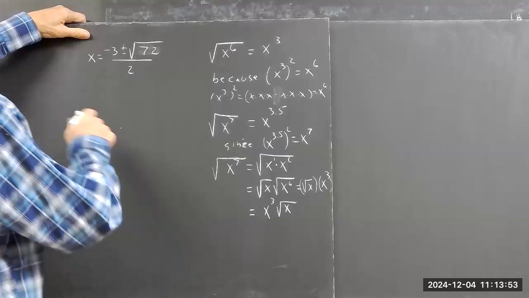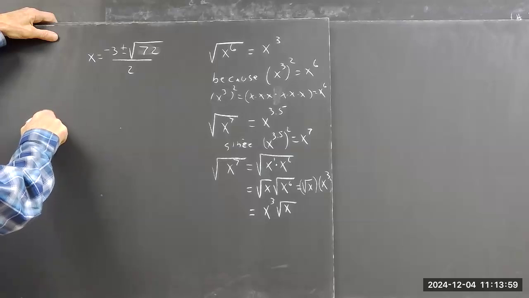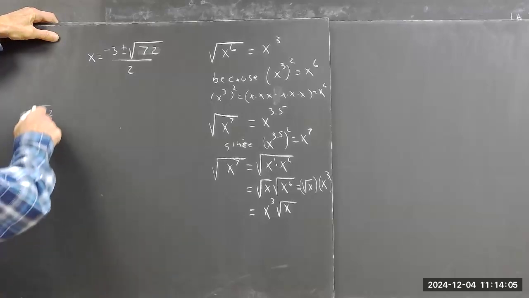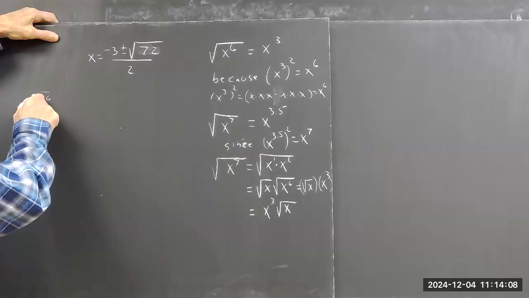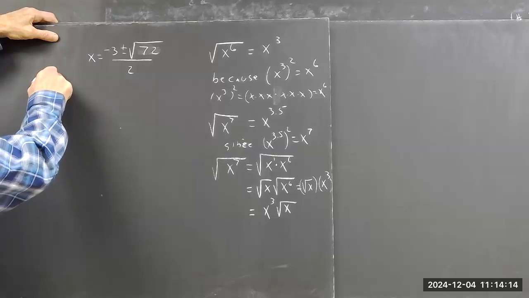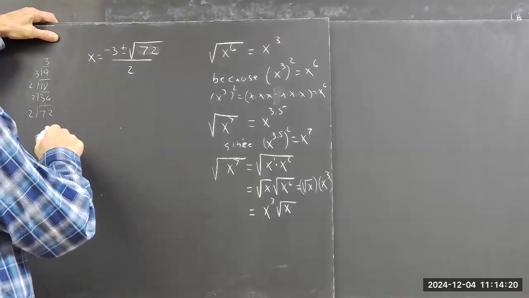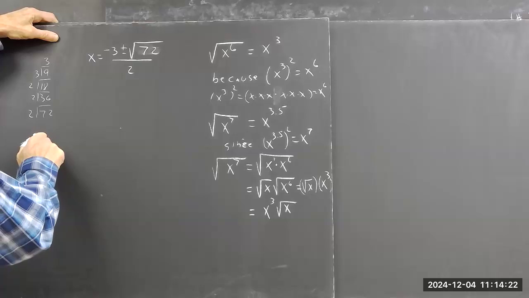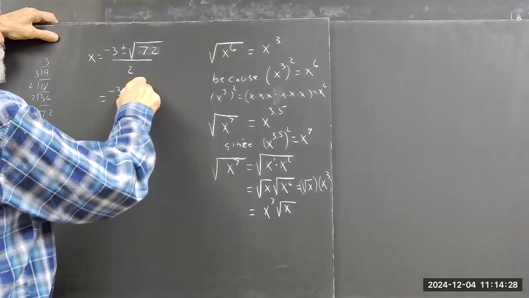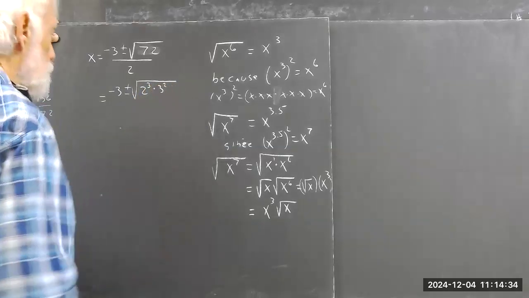You start with 72 and divide it by the smallest possible number, which is 2, and that gives you 36. Divide that by 2, and that gives you 18. Divide that by 2, and that gives you 9. Divide that by 3, and that gives you 3. So 72 is 2 cubed times 3 squared.